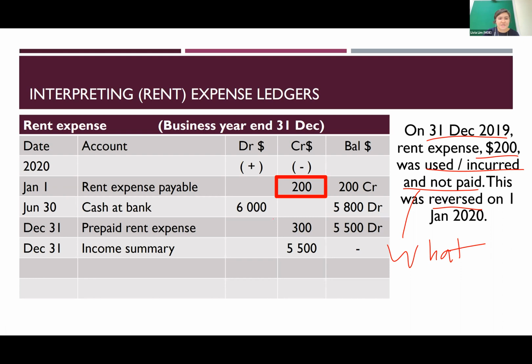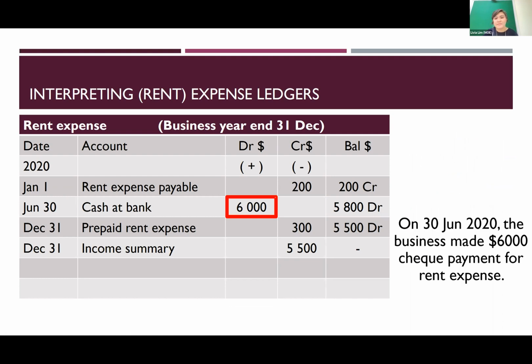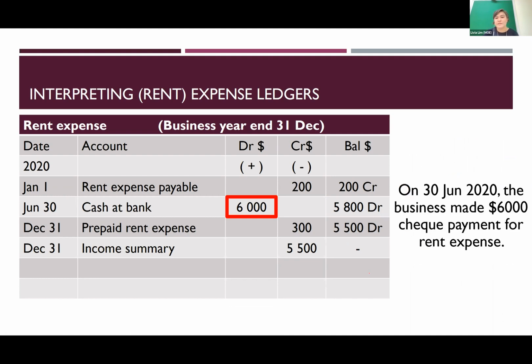Another type of transaction in the rent expense account would be if you are told to describe or interpret an entry on the 30th of June. So this $6,000. So what happens in this $6,000? You would say that on 30th of June, so 30th of June would be the date, the business made a $6,000 cheque payment, $6,000 being the amount.